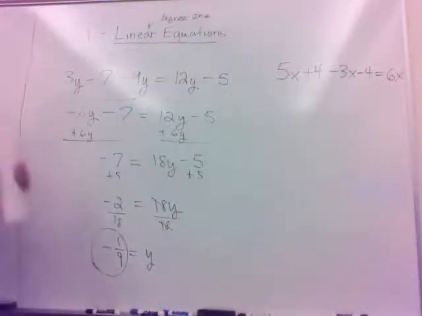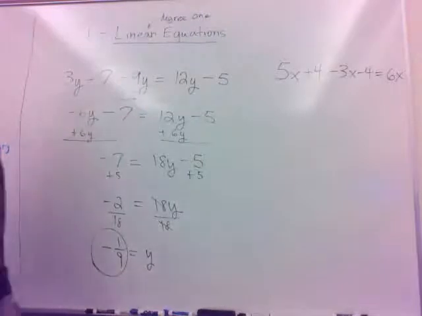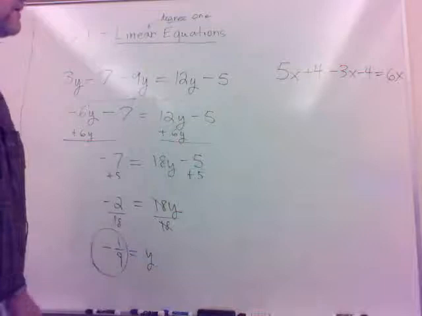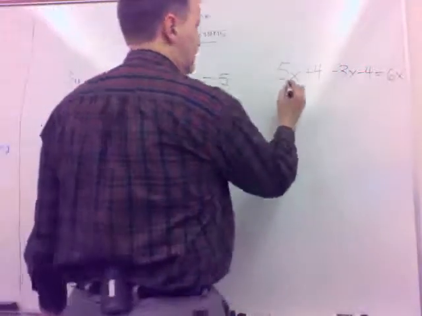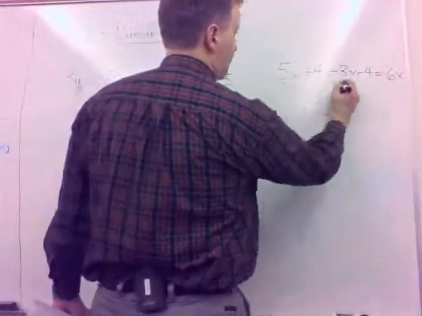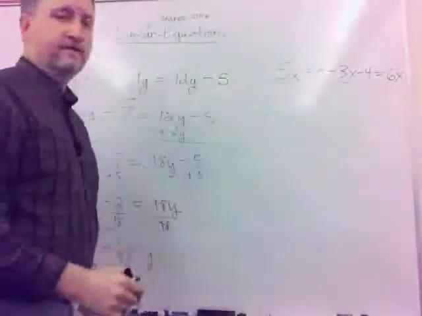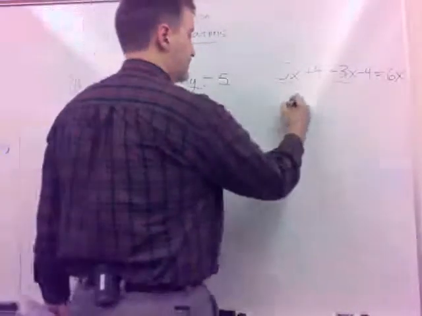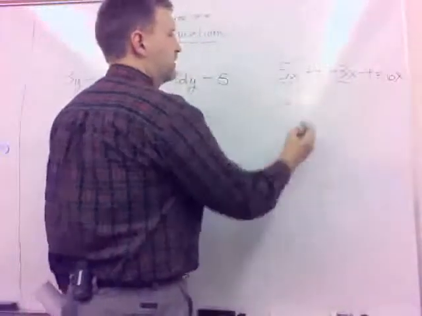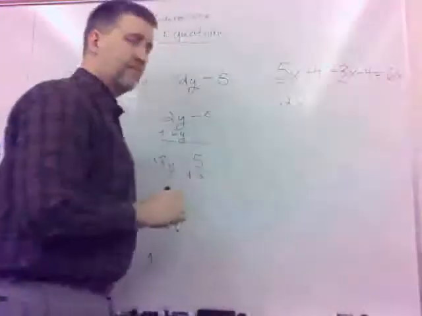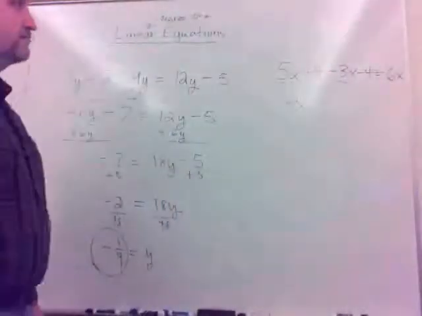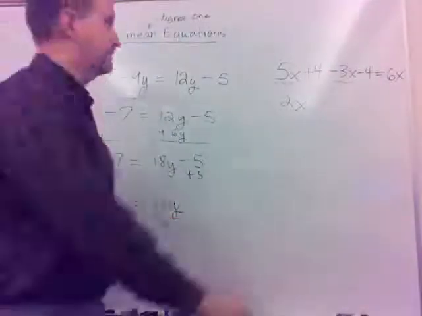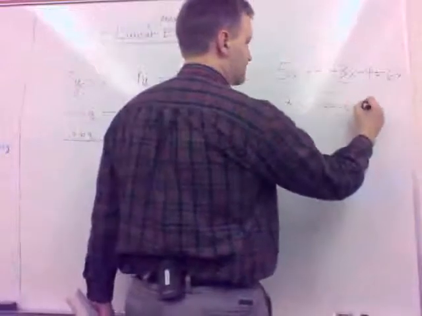Well, again, this one's starting out with some like terms we can combine up on the left-hand side. We've got a 5x and a minus 3x we can combine. 5x minus 3x is, 5 minus 3 is 2, so it'll be 2x. Your 4 minus 4, that's pretty nice because 4 minus 4 is 0. So here's what we wind up with.